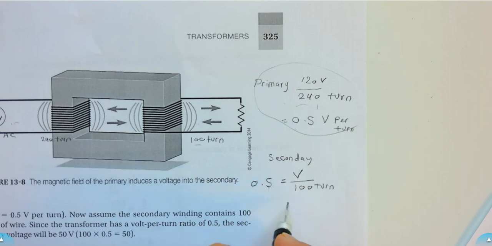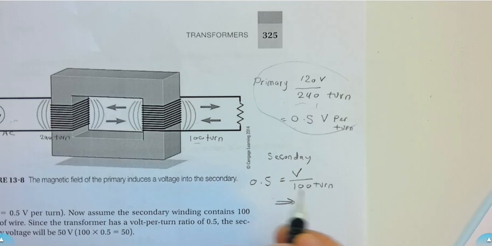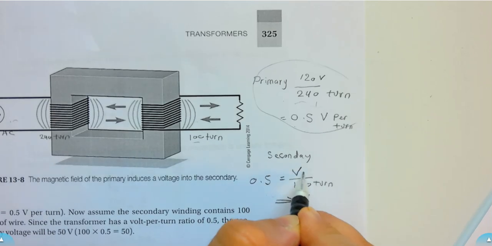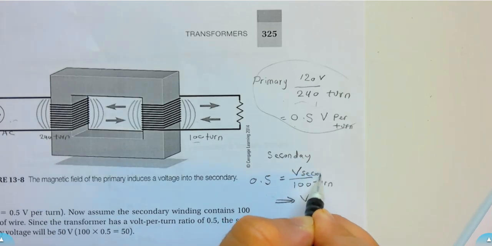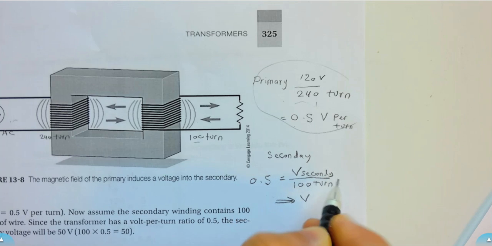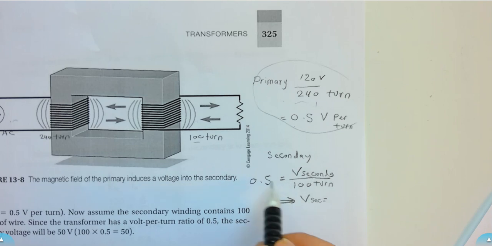Then we can find the voltage in the secondary side: 100 times 0.5, which equals 50 volts.